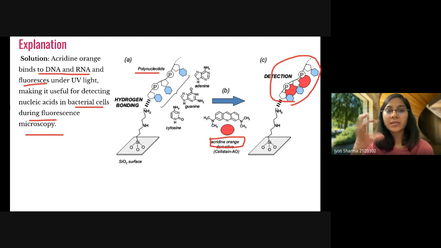This can be DNA, this can be RNA, and this DNA or RNA will make the complex with the acridine orange. Whenever we see that complex under UV light, it gives you the fluorescence phenomenon, and this is how you can differentiate the genetic material or nucleic acid from the cell.